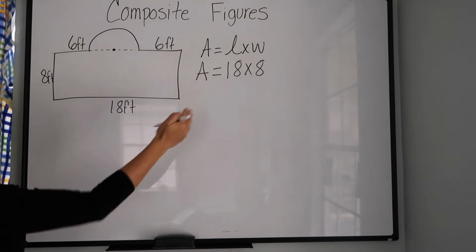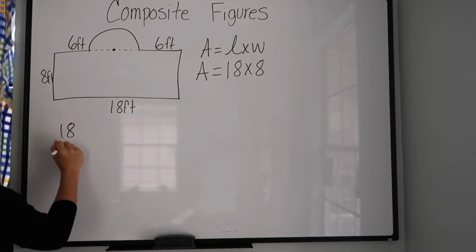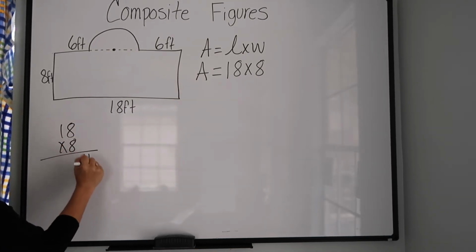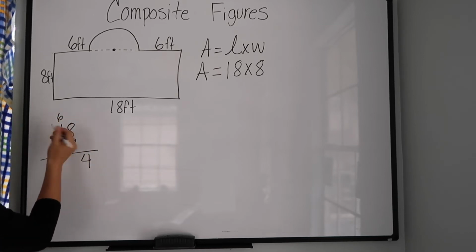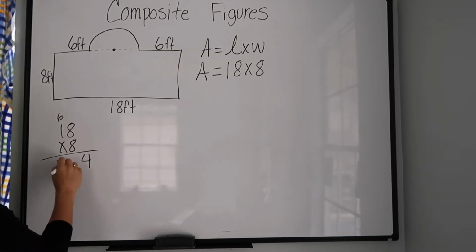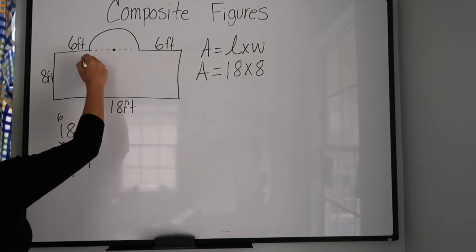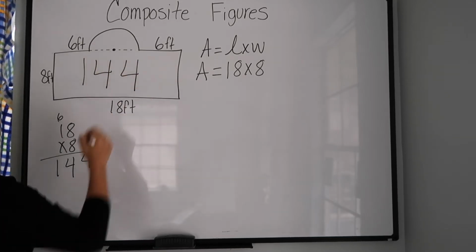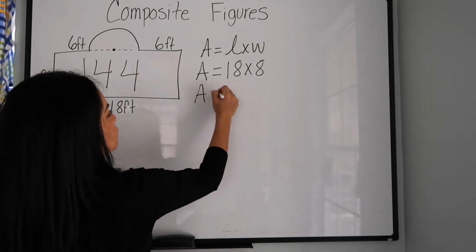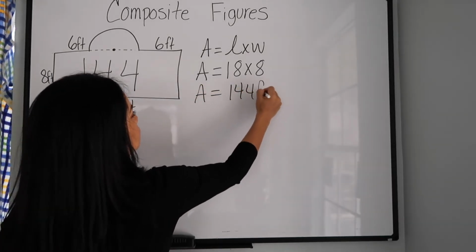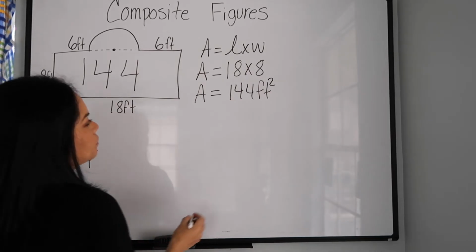Go ahead and calculate it on the side. 8 times 8 is 64. 8 times 1 is 8 plus 6. 144 will be the area of your rectangle, in square feet.